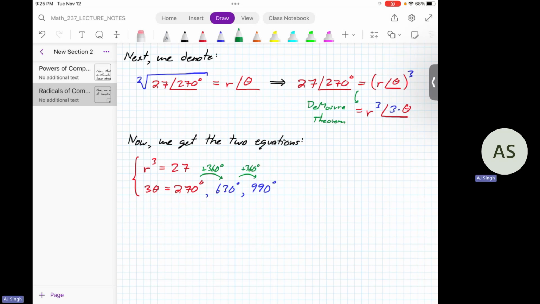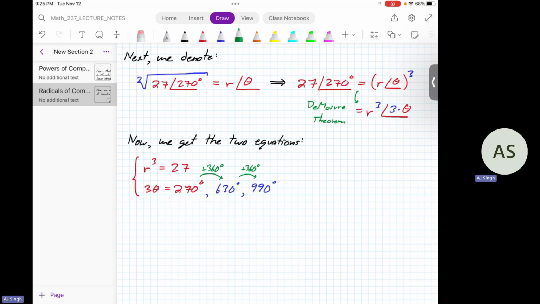So we have to do that. The reason is that since we're doing a cube root, we expect 3 answers, right? And each of those 3 answers is going to be off by, actually not 360, but 360 divided by 3, which is 120. They're off by 120.